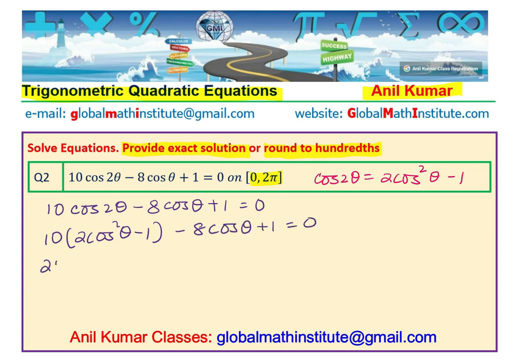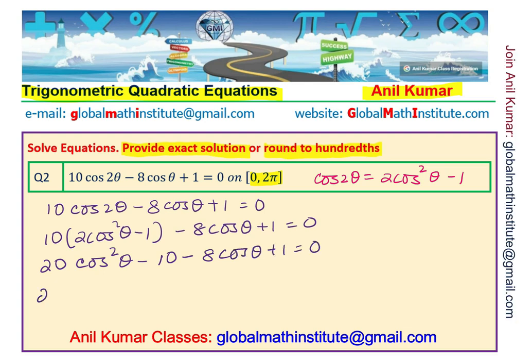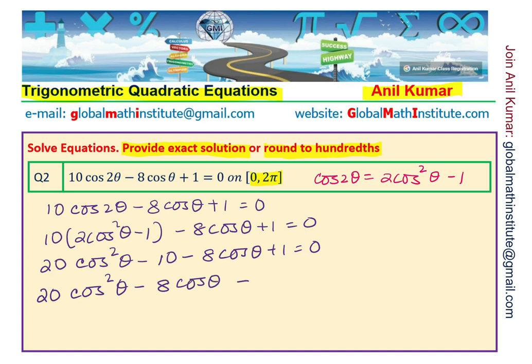Open the bracket: 20 cos square theta minus 10 minus 8 cos theta plus 1 equals 0, and rearrange. So we get 20 cos square theta minus 8 cos theta minus 9 equals 0. Now see, you have a quadratic equation. Perfect. That's what we meant when we said quadratic trigonometric equation.